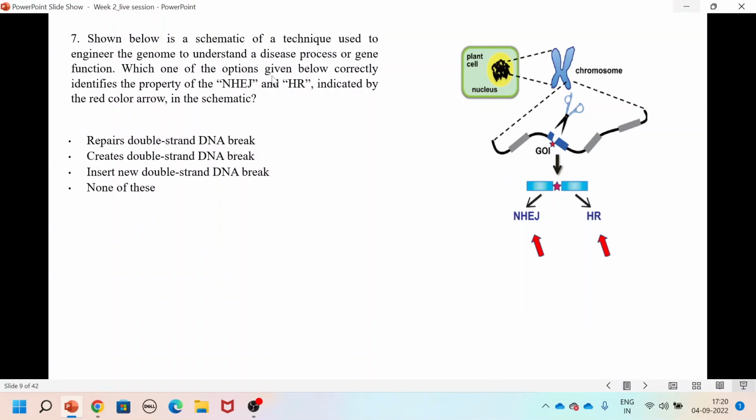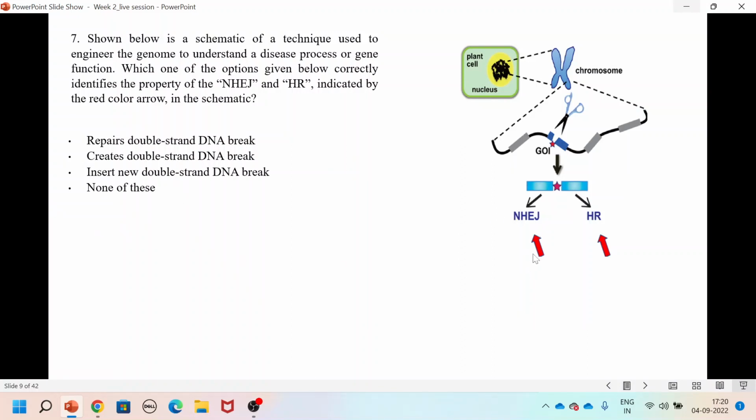Which one of the options given below correctly identifies the property of non-homologous end joining and homologous recombination indicated by the red color arrows in the schematic? So first option is that they repair the double strand break which is created as a part of the endonuclease activity. Second is they create double stranded DNA breaks. Option C, they insert new double stranded DNA breaks, and option D is none of these.